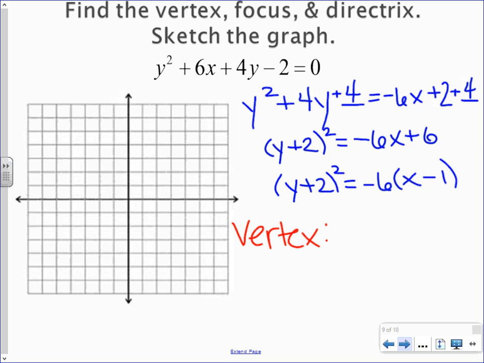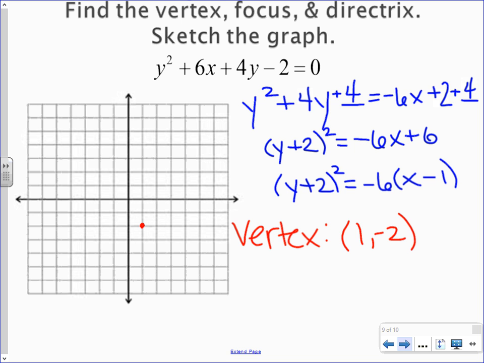Darby, where's our vertex? Would it be negative 1, negative 2? No, 1, negative 2. Good. Darby was not tricked. Even though they're in the order of negative 2 and then 1, as you see it in the equation, we have to take the x first and then the y.